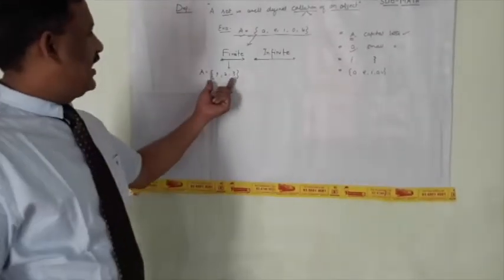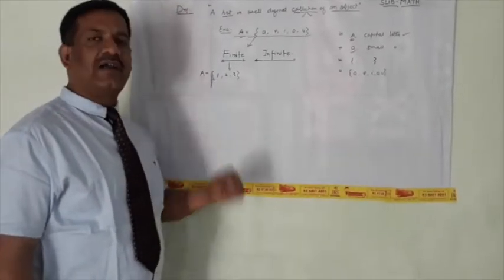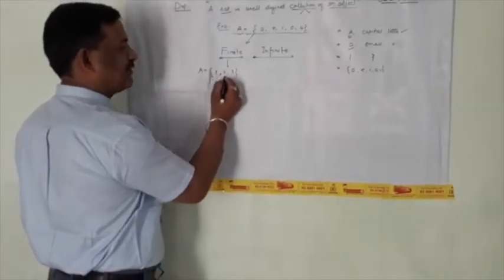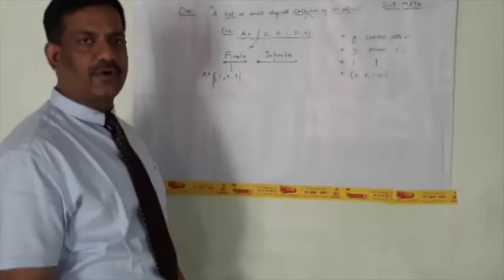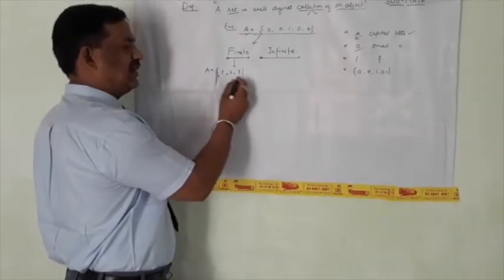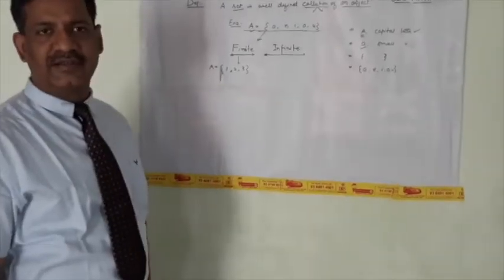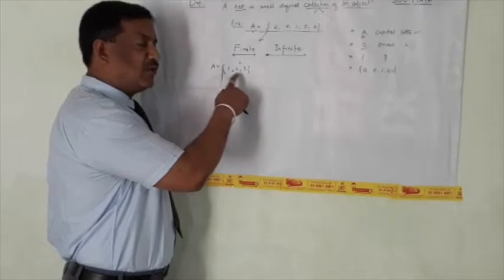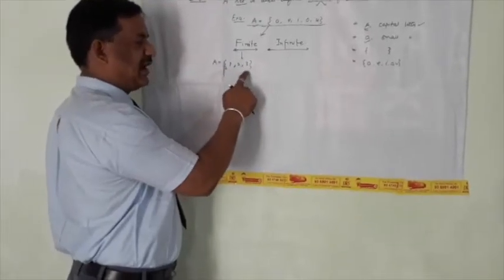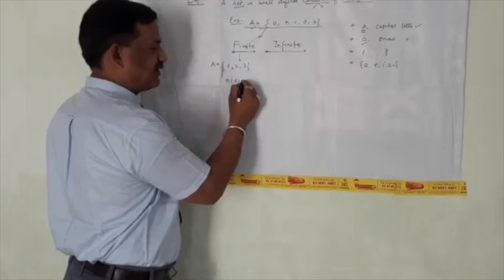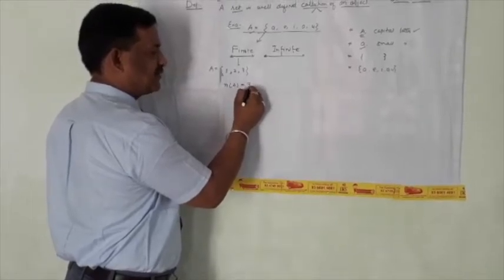Now in the set A, the elements are 1, 2, 3, which are listed by using commas. So this is called roster form. And how many elements are there? There are 3 elements in the set. So elements can be counted. We can count the number of elements in a set, and the number of elements in a set is denoted by the symbol n(A), which is 3.